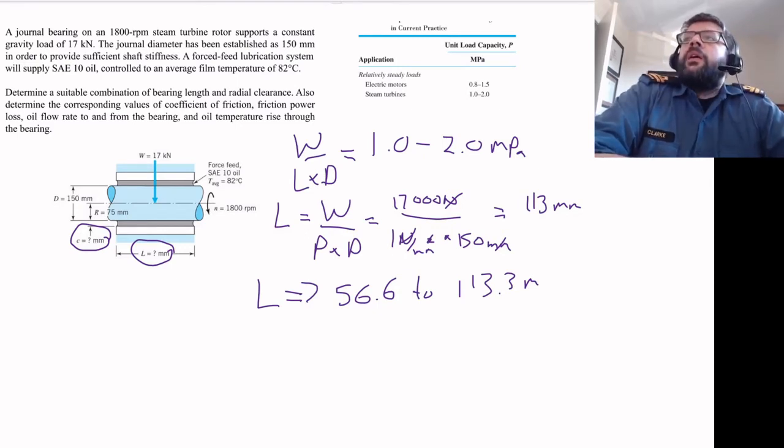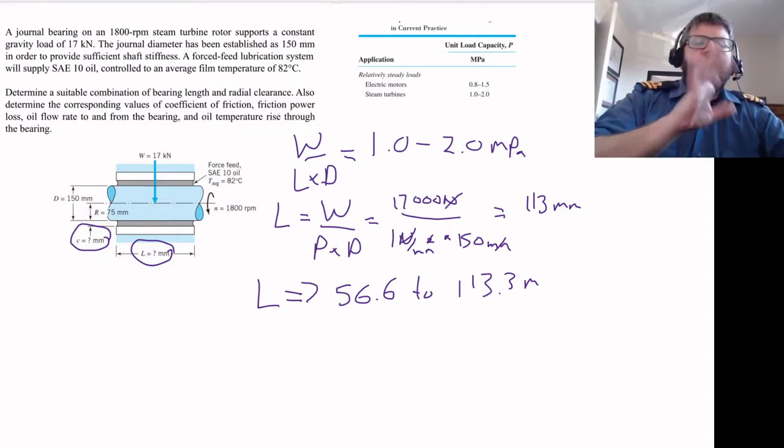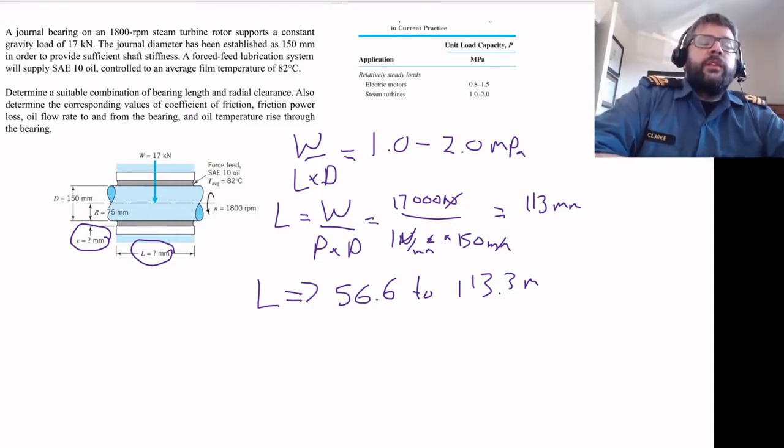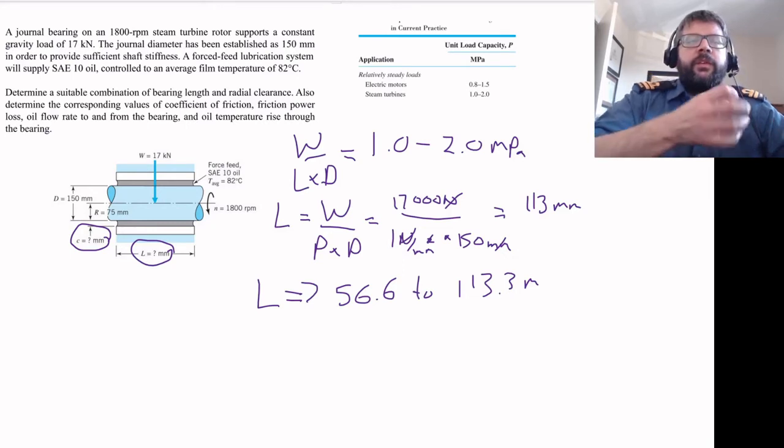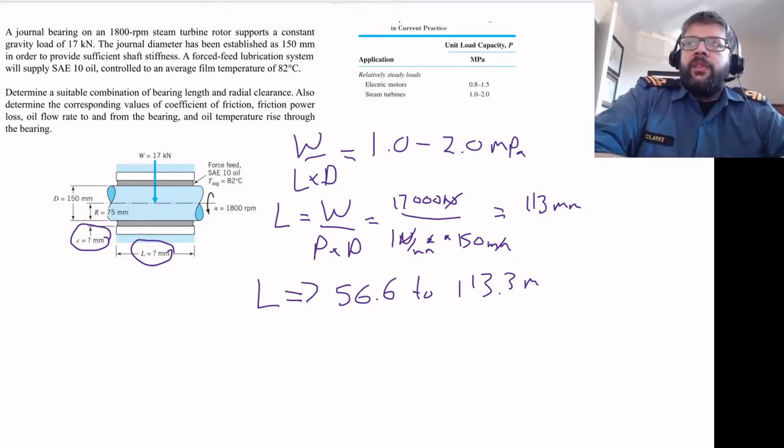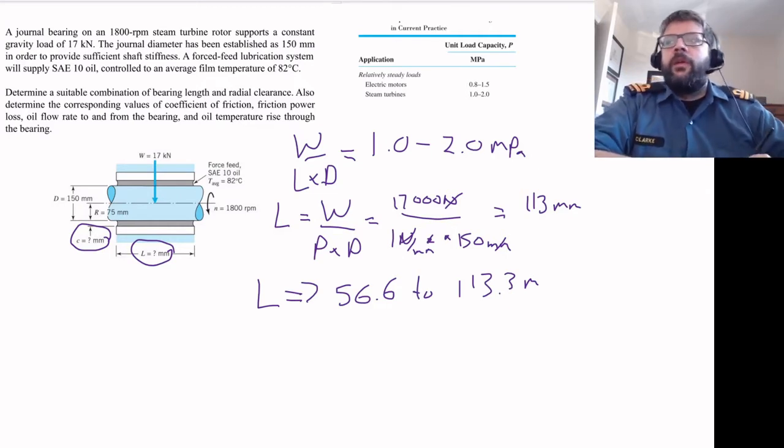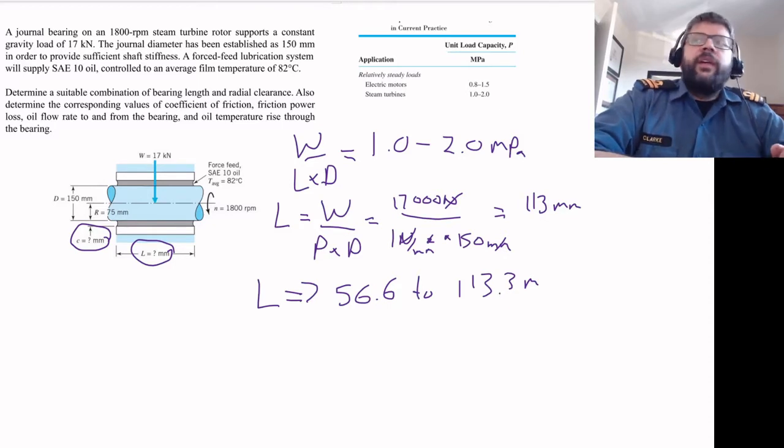Now, obviously, we're probably going to want to be using a relatively even number, something that's fairly easily obtainable. So we're typically going to be wanting a reasonably round length to diameter ratio. So if we pick a 75 millimeter long bearing there, that'll give us a length to diameter ratio of 1/2.